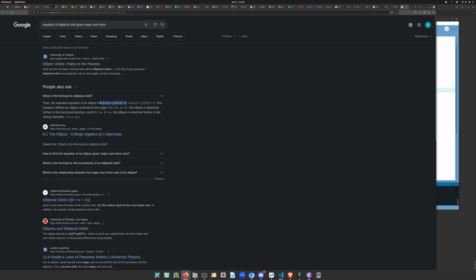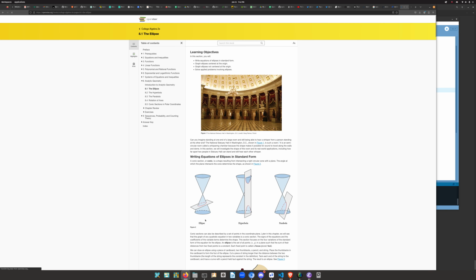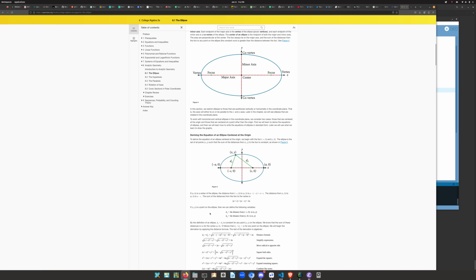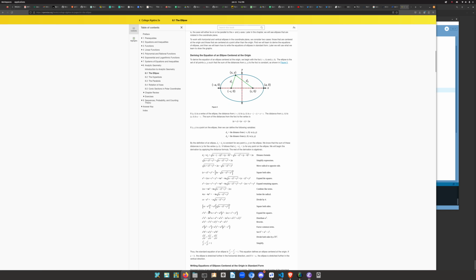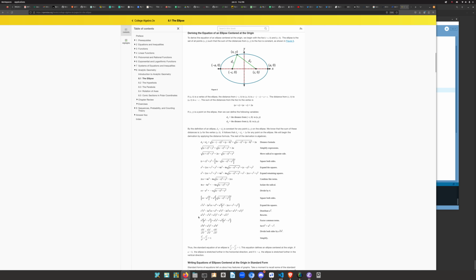So I can see already, even though I guess I could click here, but let's see if it's x squared over a squared. Yeah, I was right, down here at the bottom.